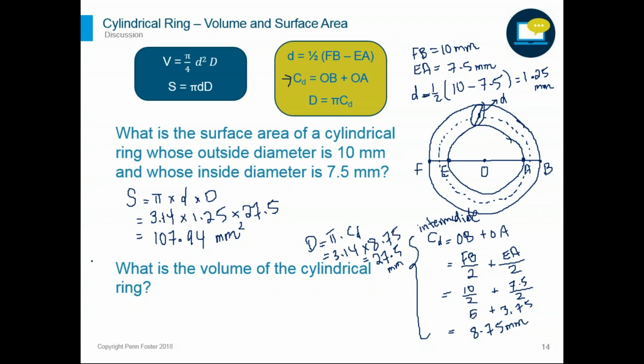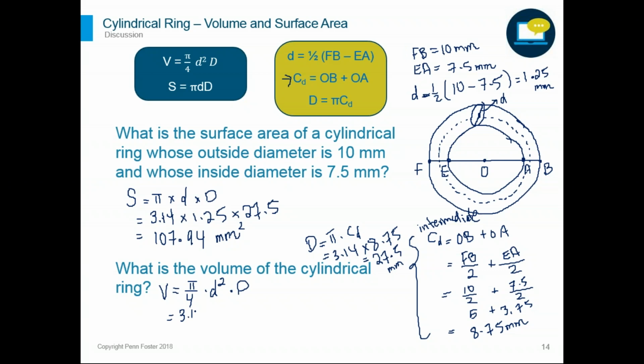The next question is, what's the volume of the same cylindrical ring? I'm going to write out the formula and see if we have everything. Volume equals pi divided by 4, times the square of the little d, times the square of the diameter of the revolving circle, times the circumference of the center circle, so times D. We have everything we need because we did find the values previously in the first part.